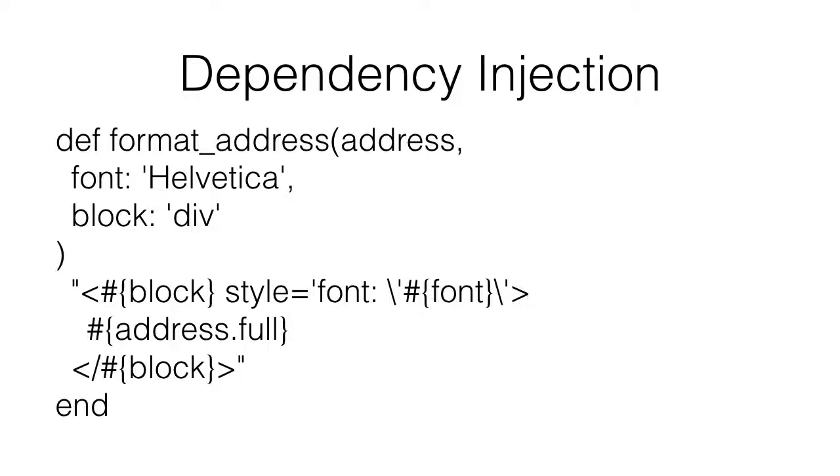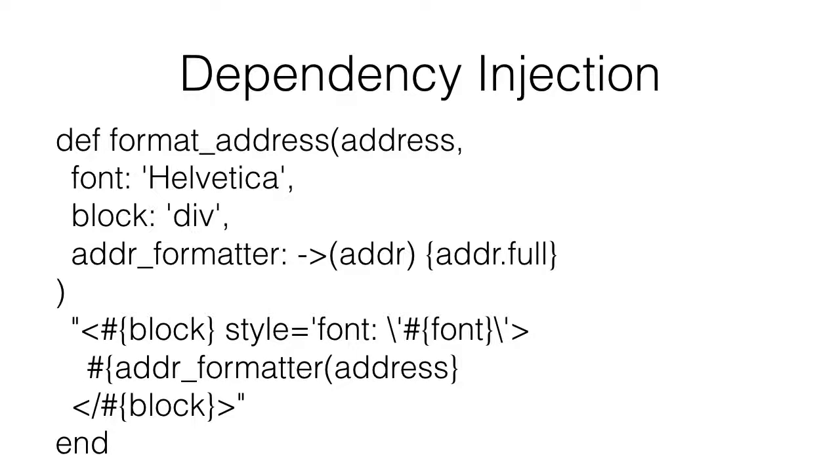Someone comes to you and says, aha, your dependency injection's all very well, but I want to be able to change the way the address is formatted. You're supplying the full address. I've got a place where I just want to show the street name. You say, no, that's fine. I can have a lambda as a keyword argument, as an injected dependency.